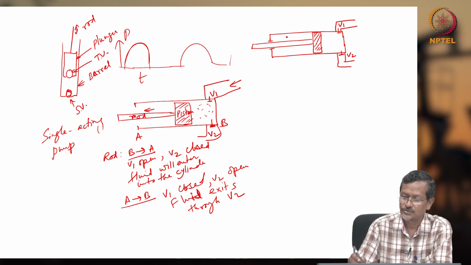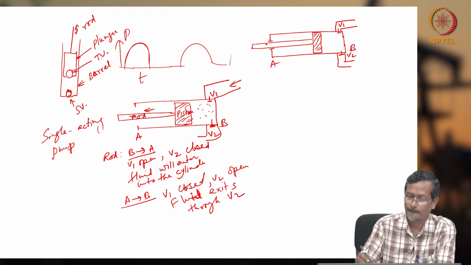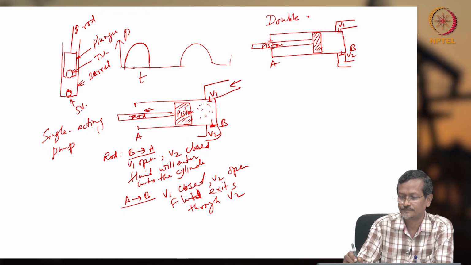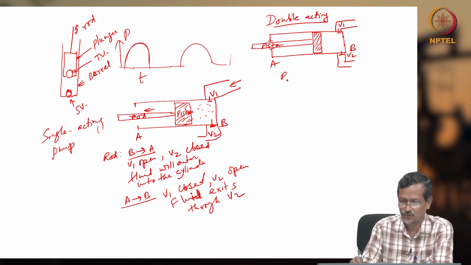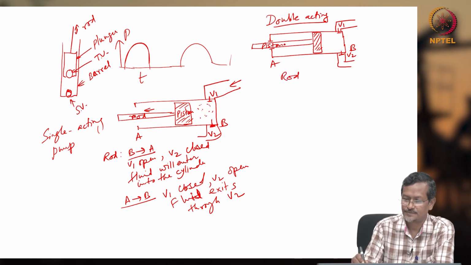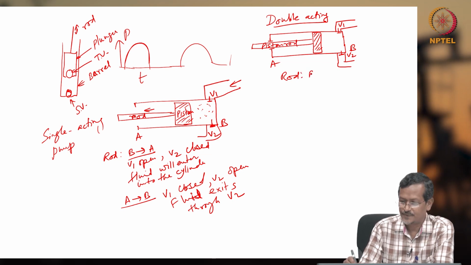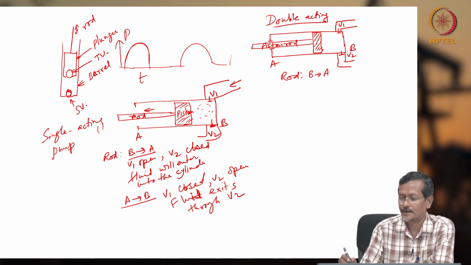So this one is A, this end is B. This is again the piston. This is single acting. This is double acting. How is double acting working? Let's say the piston rod is moving, first B to A. What is happening?